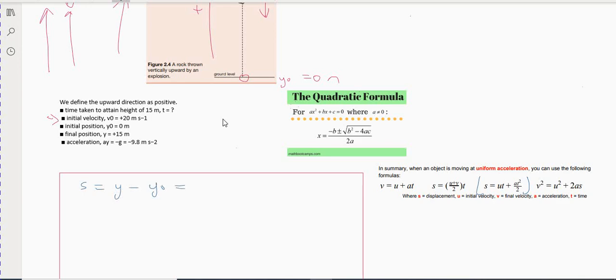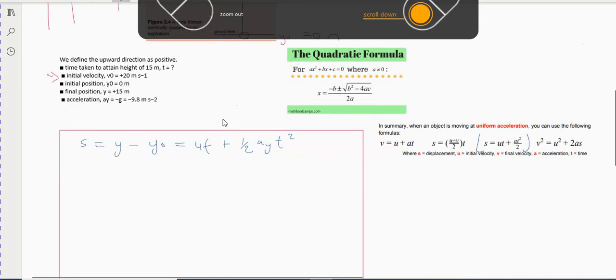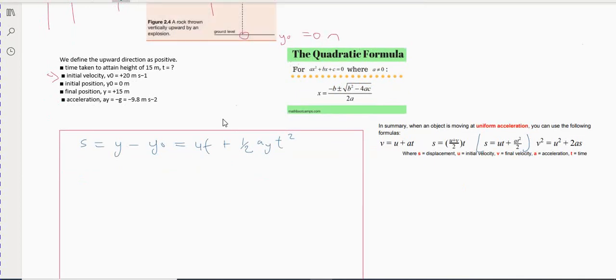Now that is equal to our initial velocity, we can call it v naught or we can call it u, times t, good, plus a half the acceleration along the y-axis, which we call a y, times t squared. Now we have that information. Let's go ahead and put in some values.